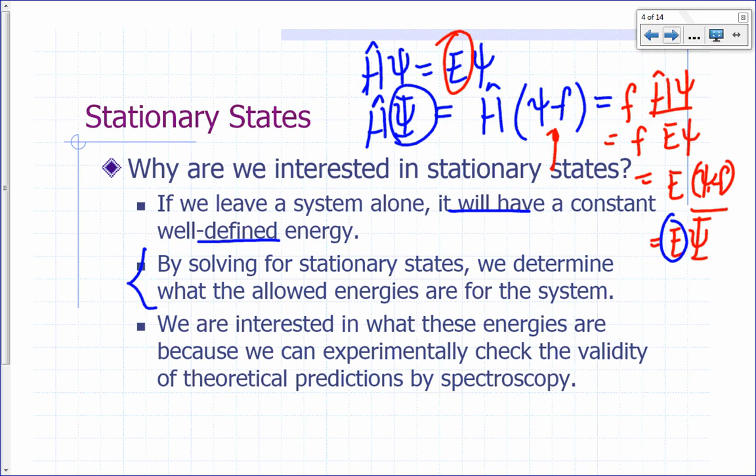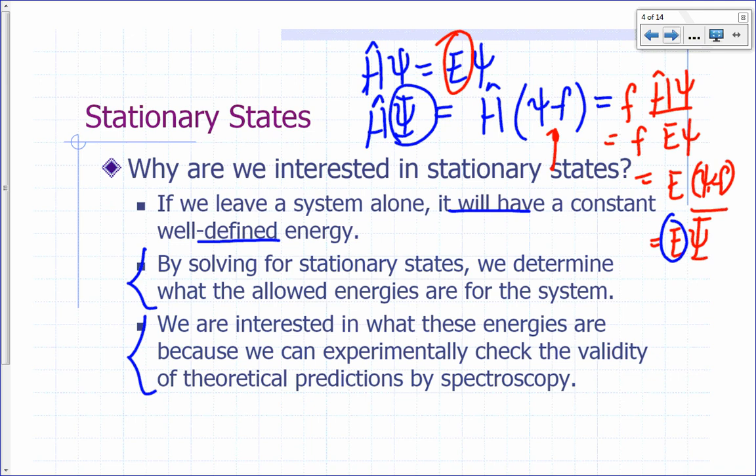And like I said, we're interested in this because we can verify the validity of the theoretical predictions through spectroscopy. Remember, spectroscopy gives us information about the allowed energies of the system.